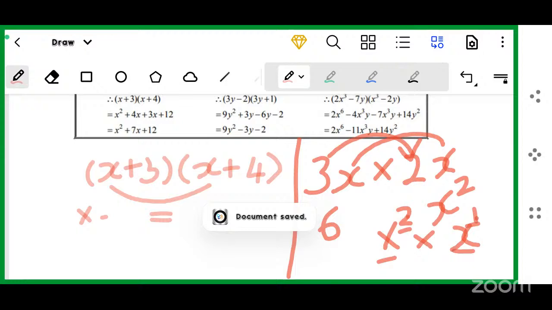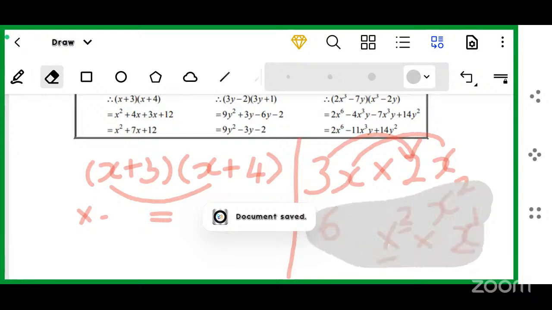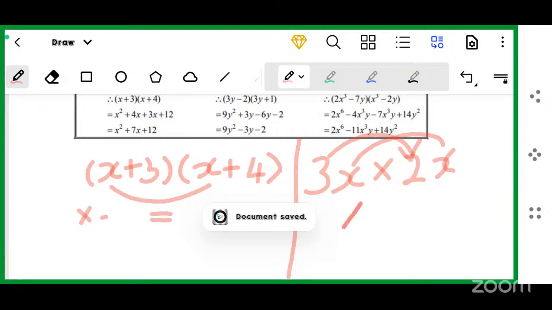Are we okay? Yes, ma'am. Perfect. So let me just give you another example here. Let's say we have x multiplied by x. With this one, you have to the power of 1 and to the power of 1, an imaginary one down here. So what you're gonna do is 1 multiplied by 1. What's 1 multiplied by 1? 1. Perfect.